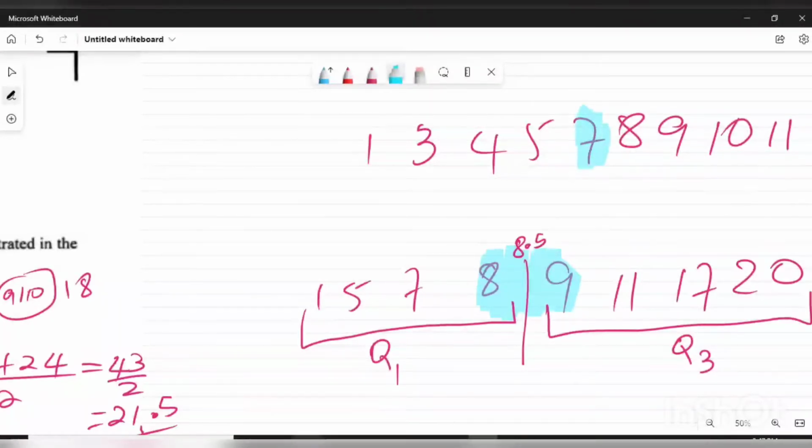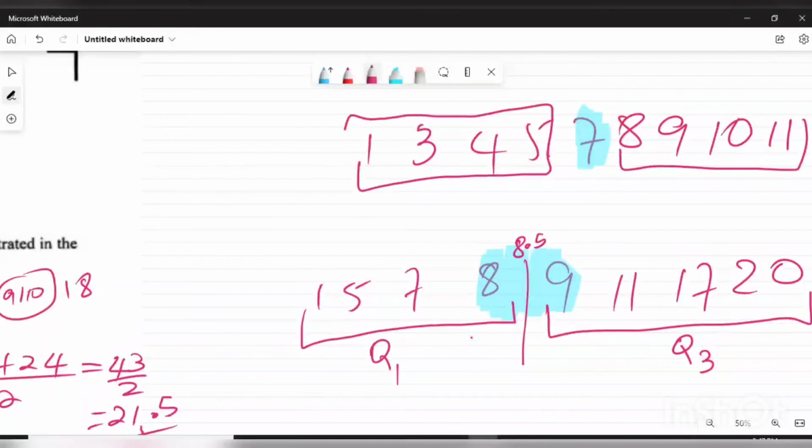Big difference. 7 is the median for real. It's not a case where you add 7 to something to get a number that's not there. So all you have to do is find the lower half and the upper half of those, because 7 is the median. There's a big difference.